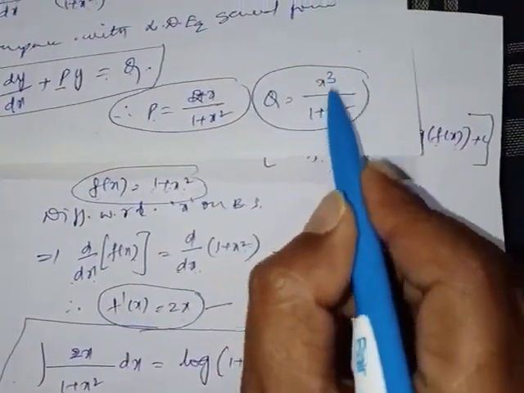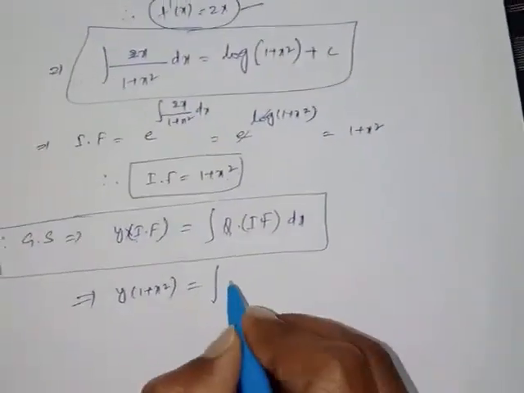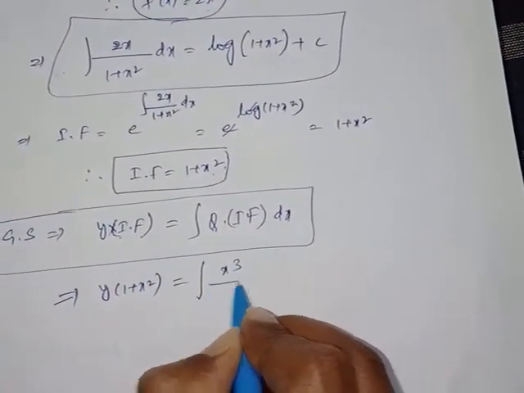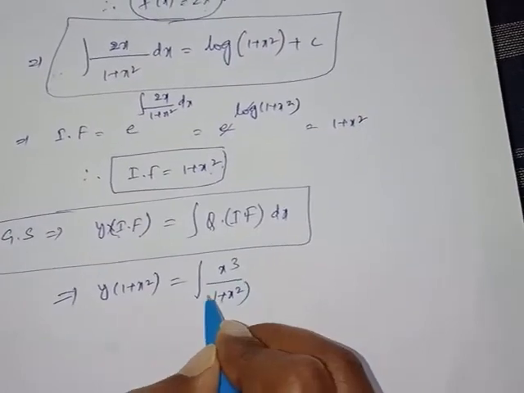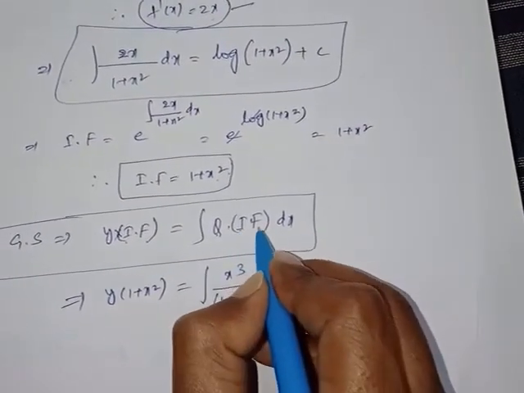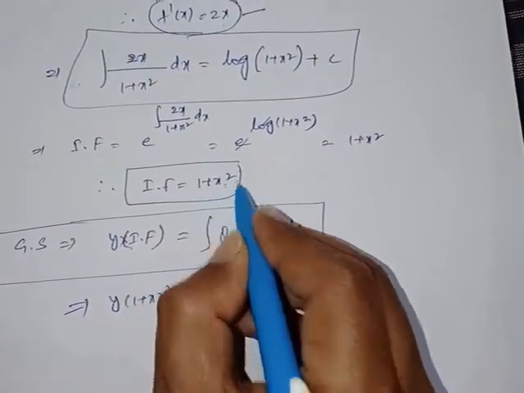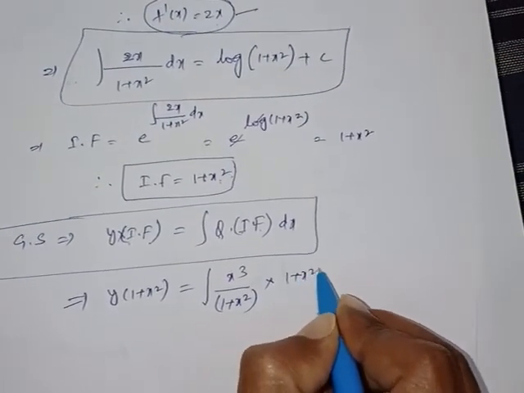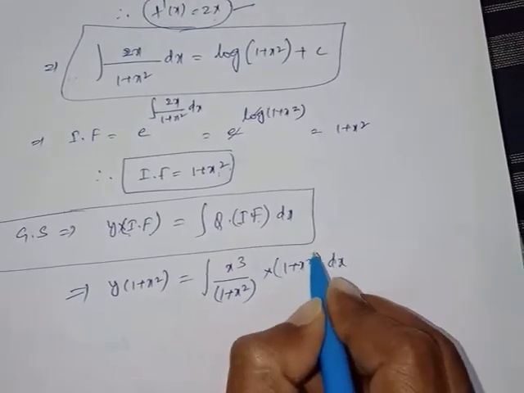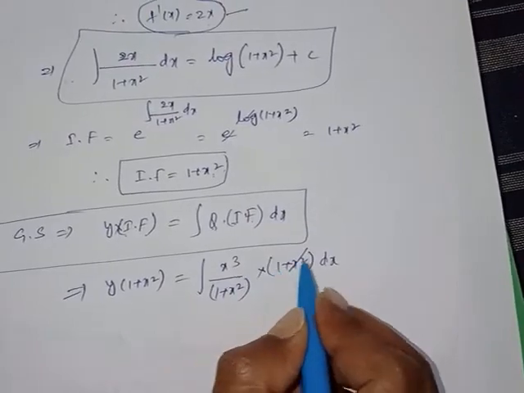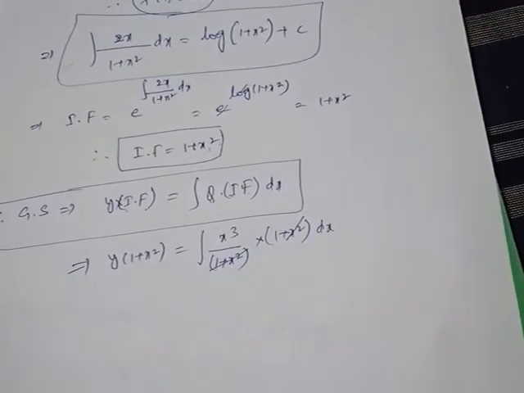Q is x³/(1 + x²), times the integrating factor 1 + x², dx. The 1 + x² terms cancel.